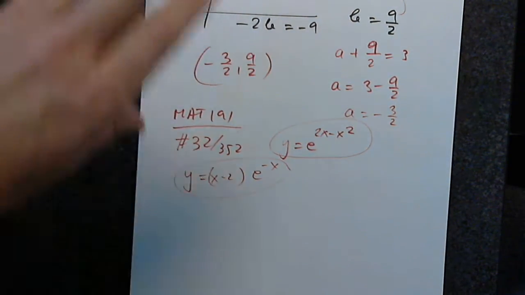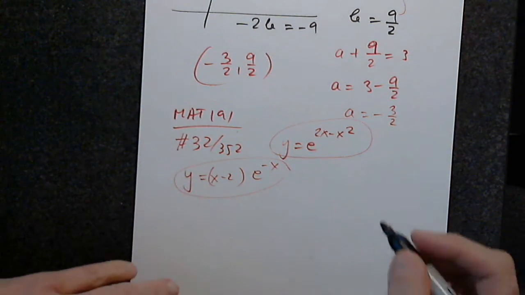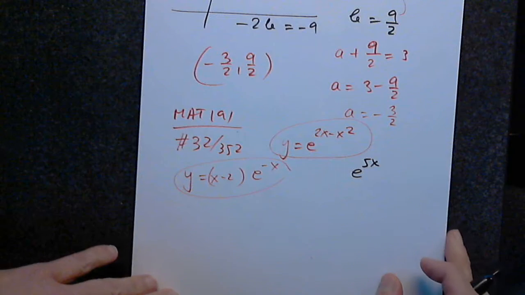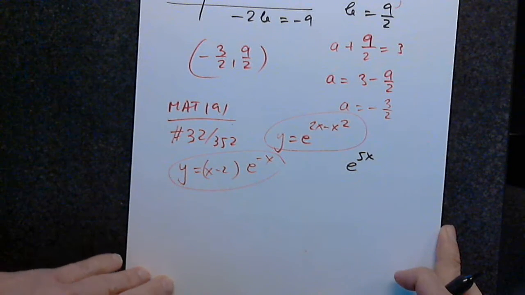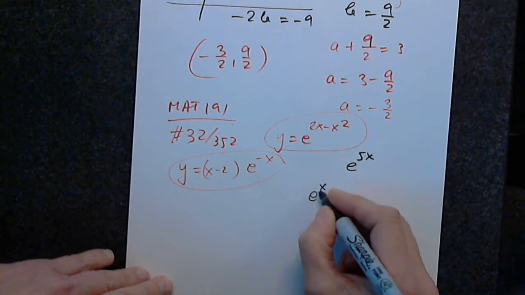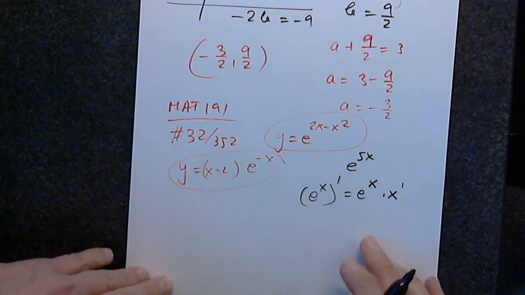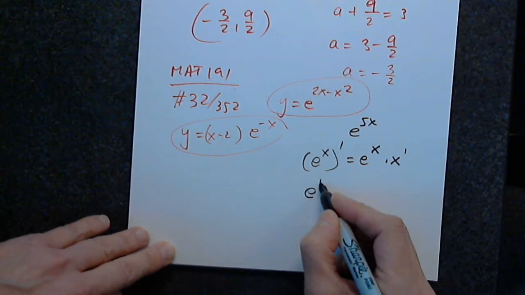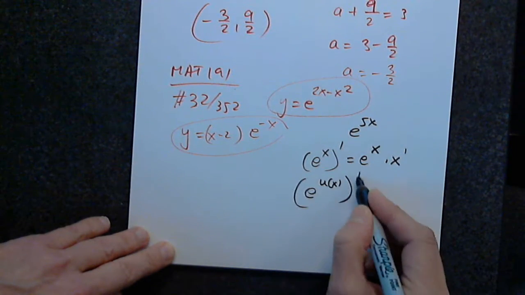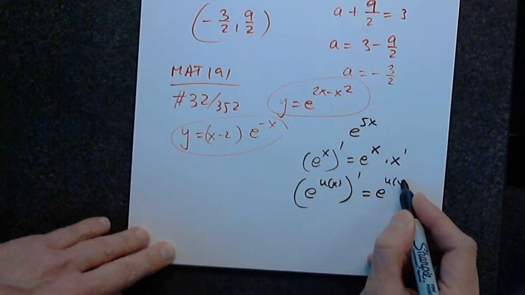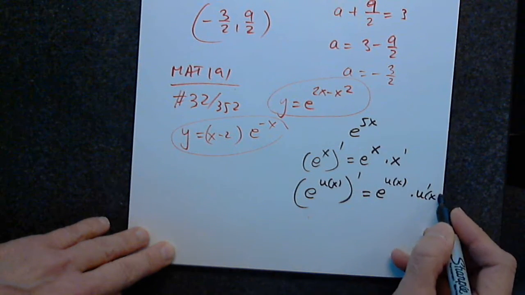But when I see e to 5x or e to whatever, if I'm doing a derivative, what is the derivative? Is it just e to 5x over and over? The derivative of e to the x is e to the x times x prime. E to a function of x, its derivative is e to the function times the function prime.